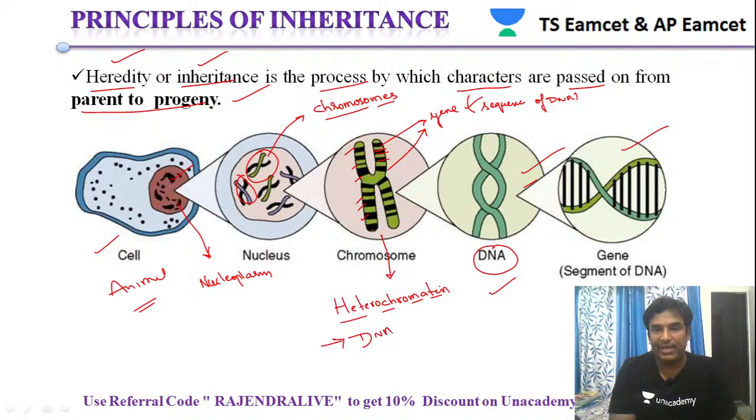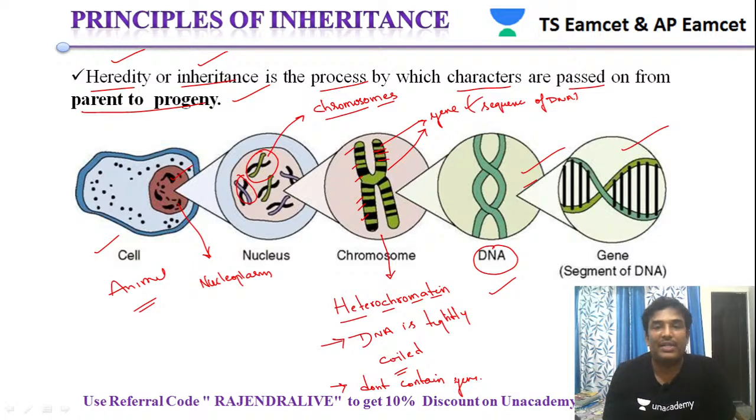In heterochromatin the DNA is tightly coiled, and it does not contain any genes. The genes are absent in heterochromatin.